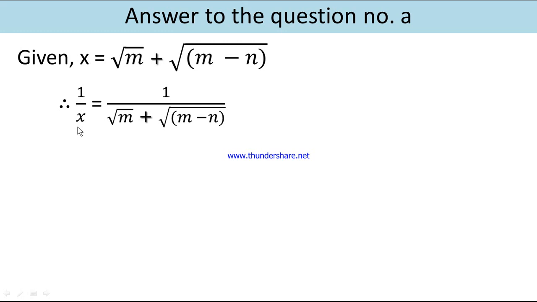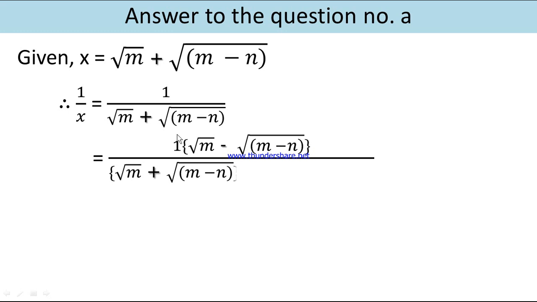Therefore, 1 by x, I mean inverse x, is equal to 1 by root over m plus root over m minus n, is equal to 1 into root over m minus root over m minus n by root over m plus root over m minus n whole into root over m minus root over m minus n.